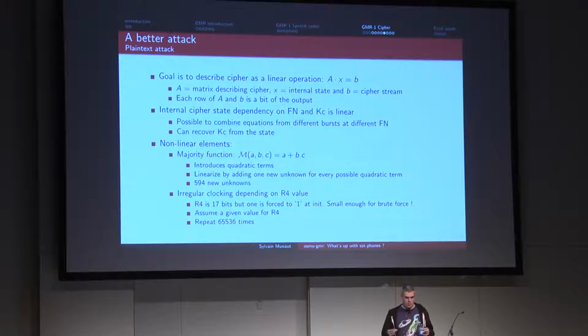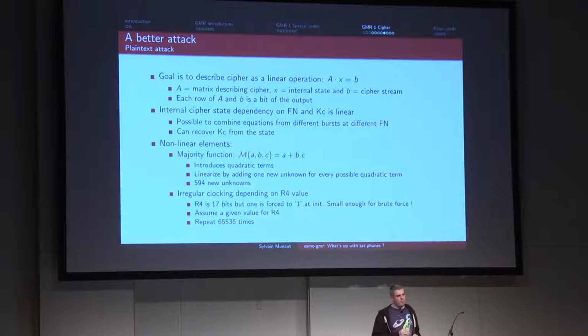So you just ignore it and say, okay, this is a new unknown, and deal with it. Unfortunately, there are a lot of possible combinations, which adds 594 new unknowns to your equation system, which means you're going to need a bunch more equations to be able to actually solve it. But at least it makes it linear, so there is hope.